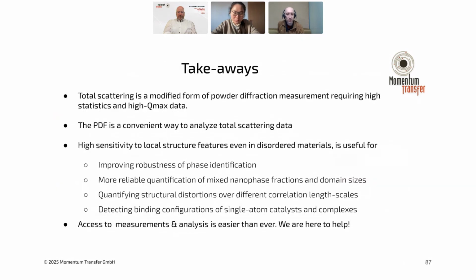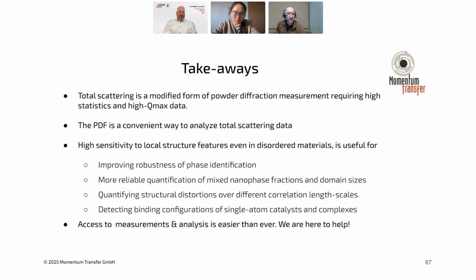Okay, so just quickly, key takeaways: total scattering. It's a modified powder diffraction measurement, but you need really good statistics and really, really high Qmax to get the best results out of this. But it also should be done with good diffraction measurements, with standard analysis to get the most information on your systems. And the PDF is a convenient way to analyze the total scattering data.